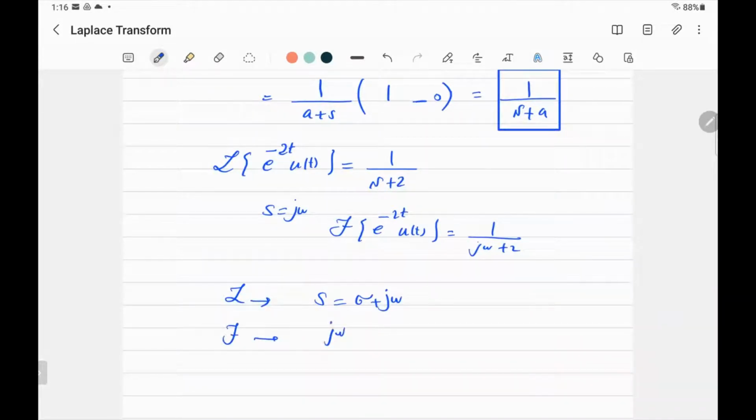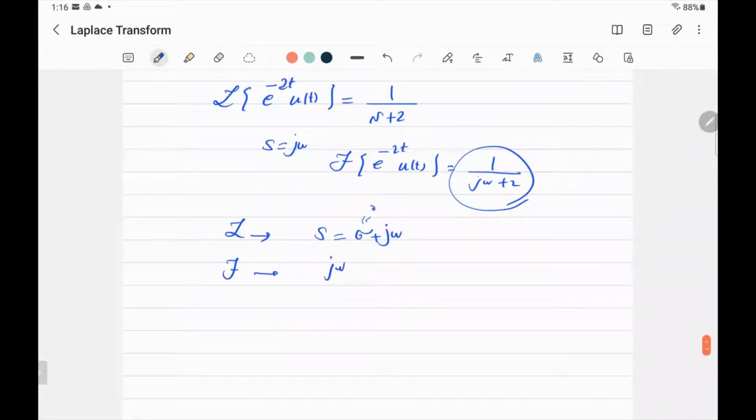So if you want to convert from Laplace to Fourier, just put sigma equal to 0 and replace s by j omega. You get Fourier. That's it. And the same thing: if you know the Fourier transform and you want to get Laplace, replace j omega by s. So that's an easy way.